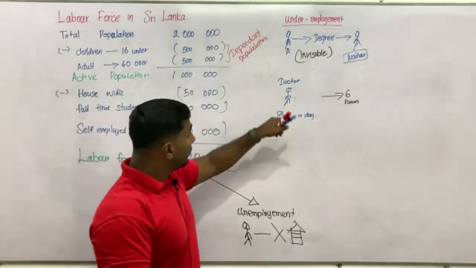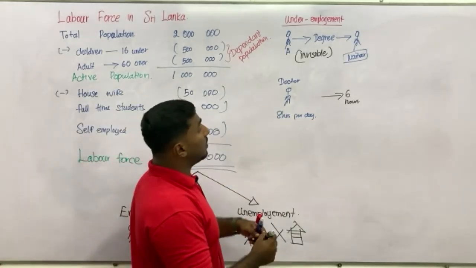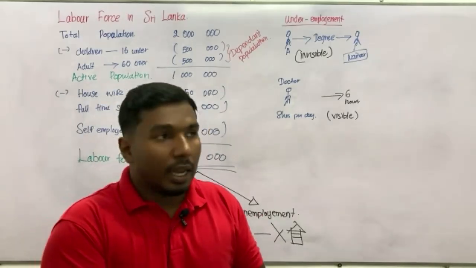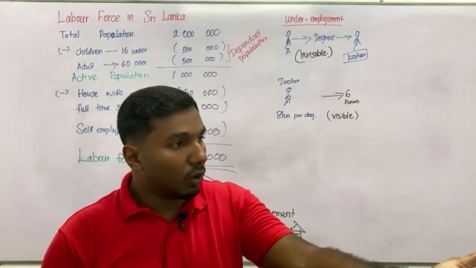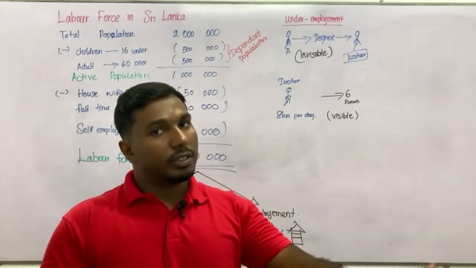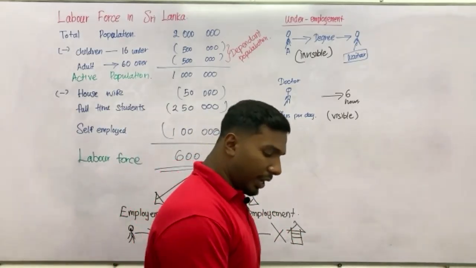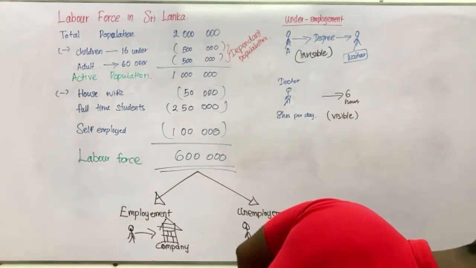This is visible underemployment, which means he is working below his time limits. You can see, right? He's supposed to work 8 hours, but he is only working for 6 hours. Visible underemployment.